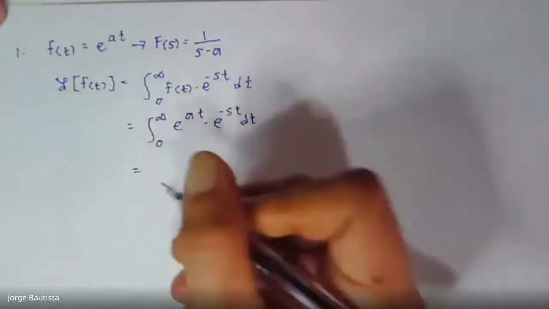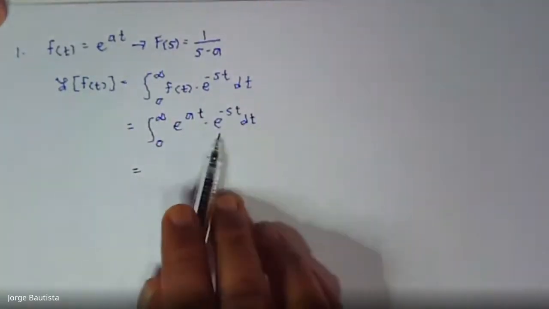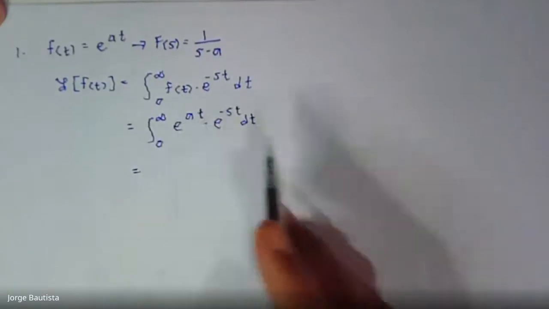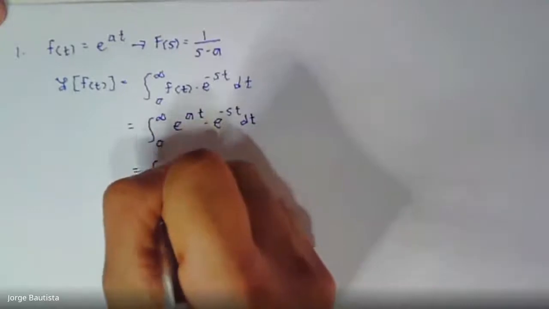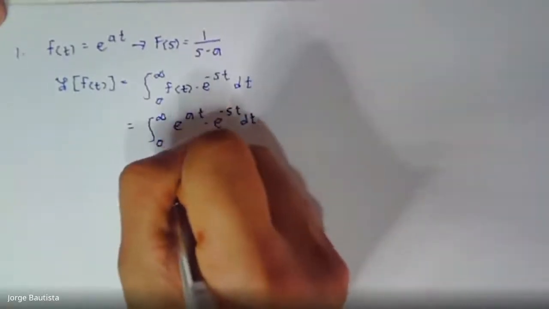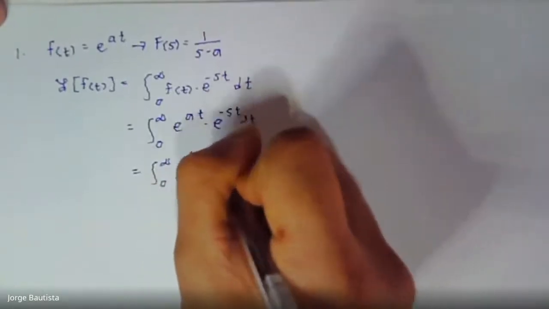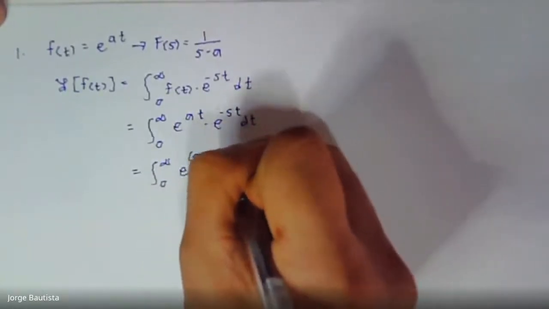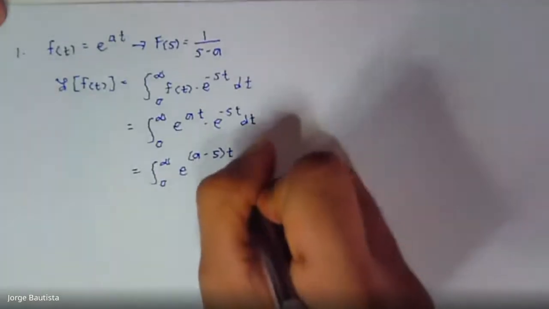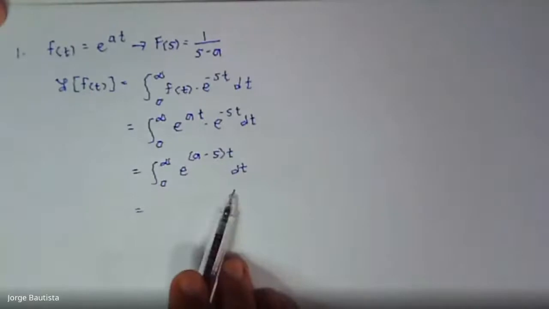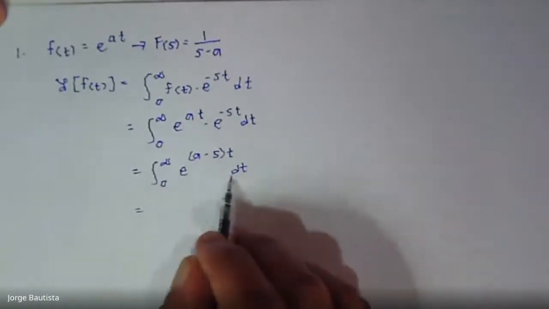So they have the same base sila. So we can add or subtract the exponent, di ba? So integral from 0 to infinity, you have e raised to a minus s, okay, t dt. Okay? So take the integral of this. So ano bang integral niyan?